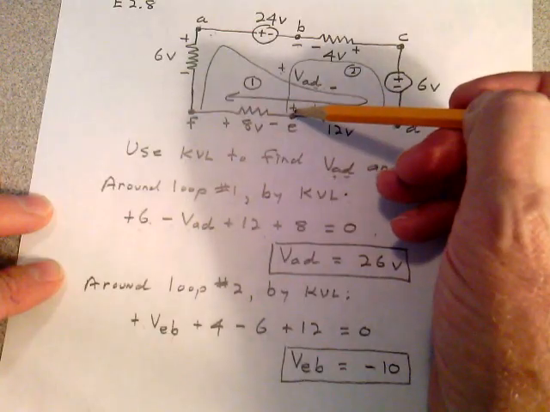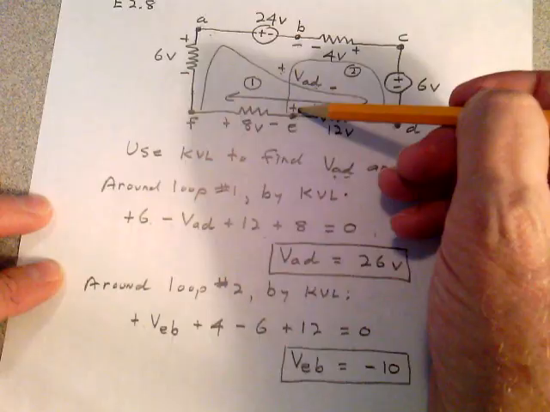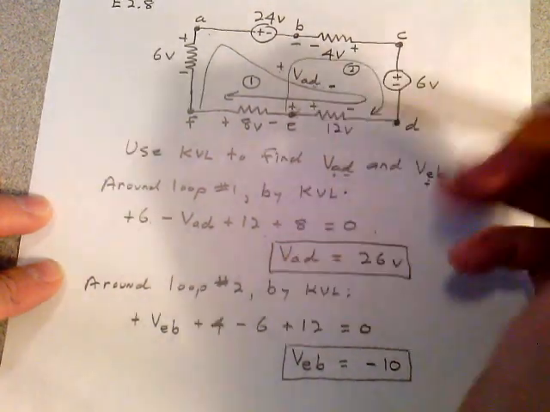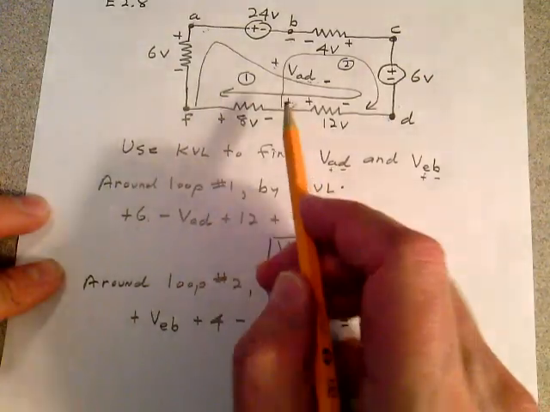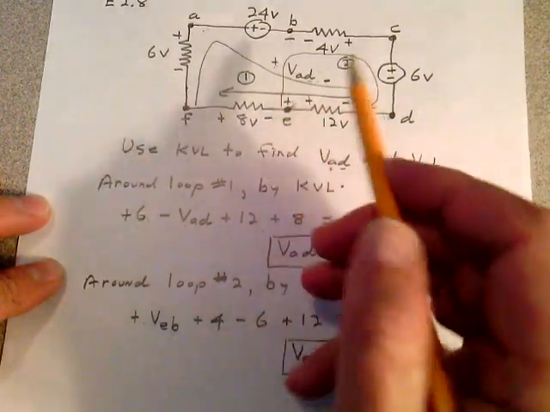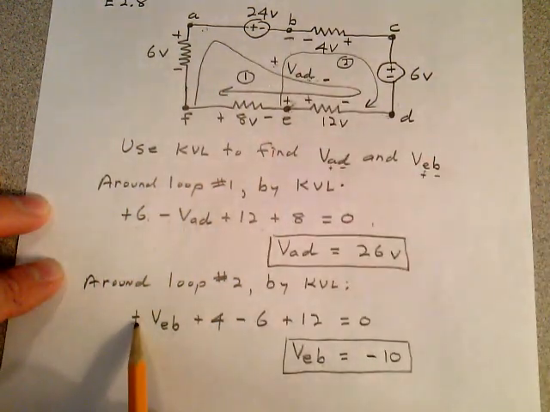Oh, let's take a look at this. The author did that right, and I made a mistake here. I made a mistake when I was working this out, and I'm glad I did, because it's easy to make these mistakes. E's being the most positive, so if I go around this loop and I go from E to B, I'm dropping. This should be a negative sign.